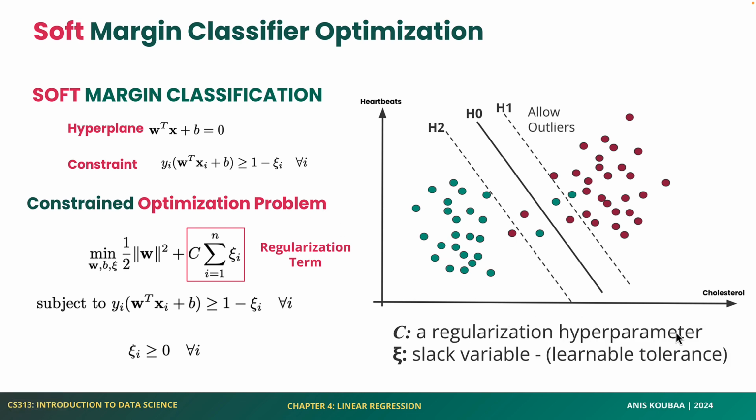And C is the regularization hyperparameter, so it's a parameter of your choice. And xi is the slack variable, and it's learnable. It's not set in advance. It's not a weight, but it's kind of a tolerance that will make the model deviate from perfection to stay away from overfitting.